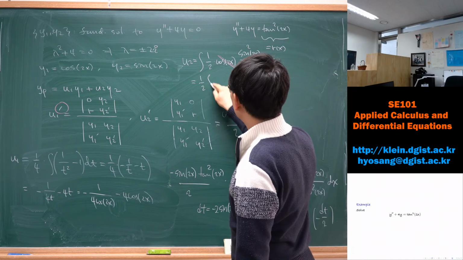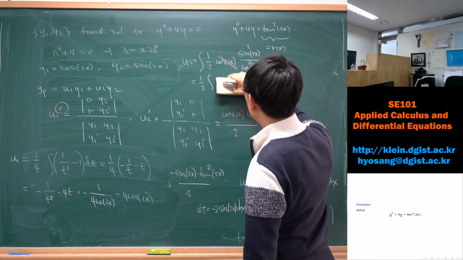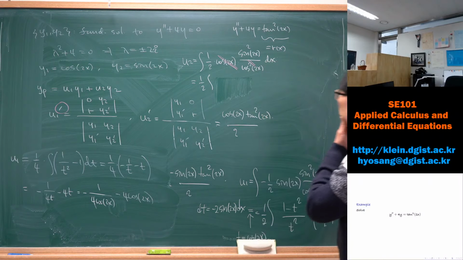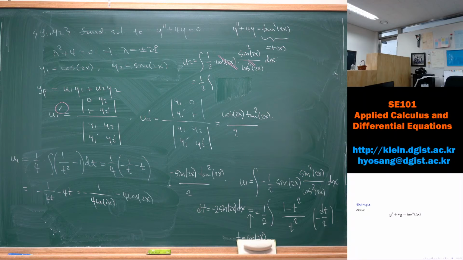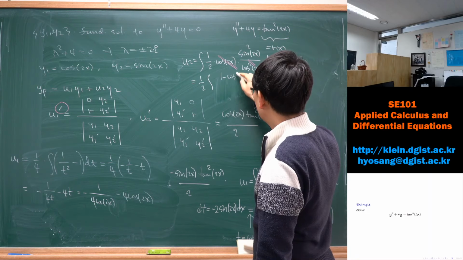So we have 1 over 2, 1 over 2, and then let's replace cosine again. That makes sense? Let's replace this first.